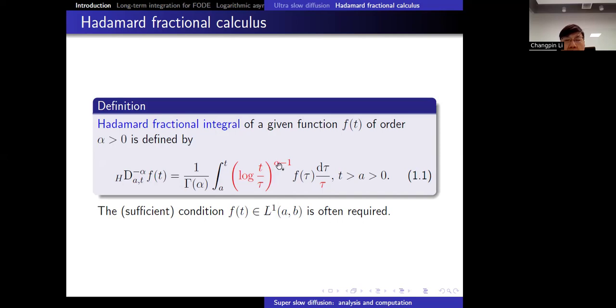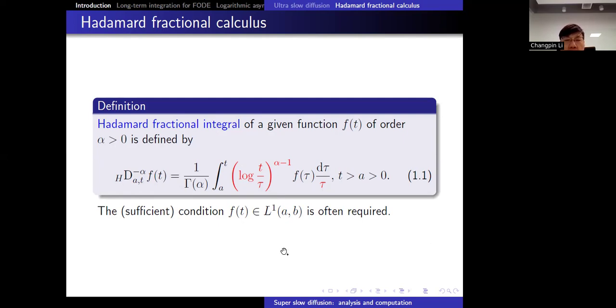If alpha is less than 1, it is weakly singular. This is not a convolution kernel, but by some variable substitution, it can be changed into a convolution kernel. For this definition, we require f of t in L1. This is just a sufficient condition, but it's useful in applied science and engineering.